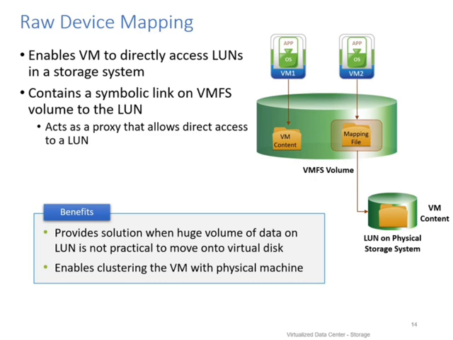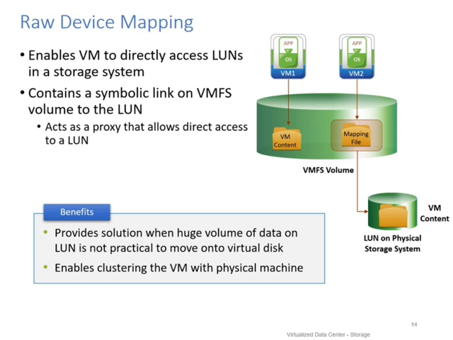Raw device mapping provides a mechanism for a virtual machine to have a direct access to a LUN on the physical storage subsystem. It is a special file in a VMFS volume that acts as a proxy for the LUN in the storage system.